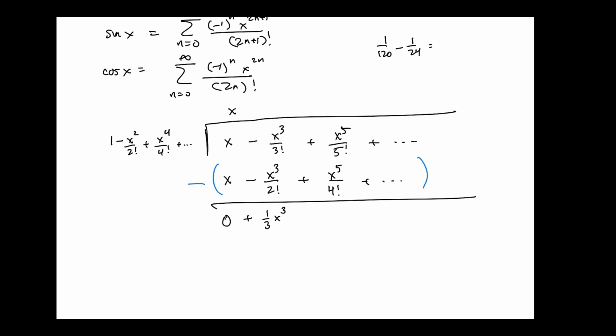So it'd be 1 over 120 minus 5 over 120, so negative 4 over 120, so negative 1 over 30. Oh, it is delightful.